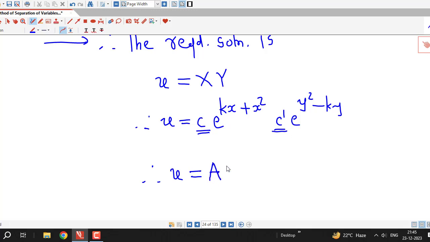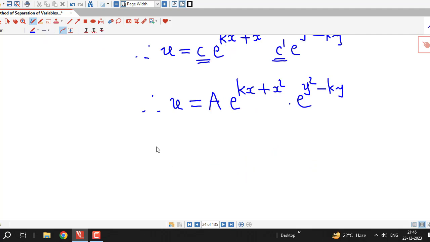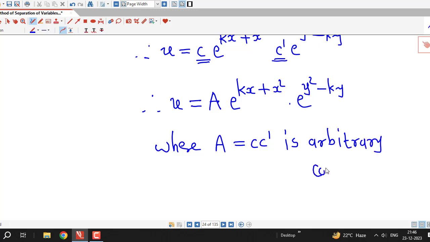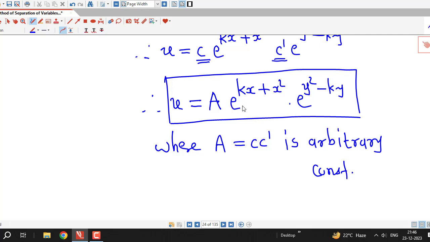I consider c into c dash equal to some other arbitrary constant, say capital A. Then I have e raised to kx plus x square into e raised to y square minus ky, where this capital A equals c times c dash is an arbitrary constant. And this is our solution for the given partial differential equation, u equals A times exponential of kx plus x square times exponential of y square minus ky.